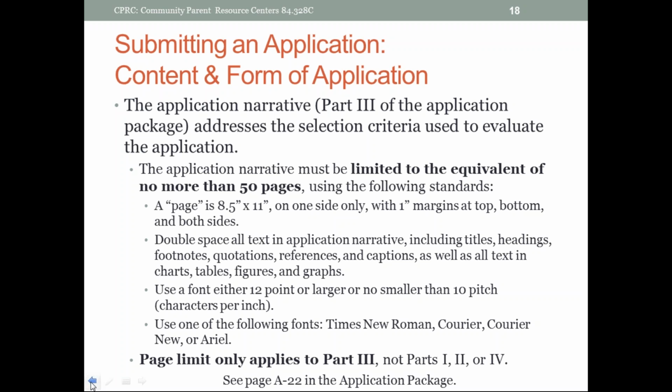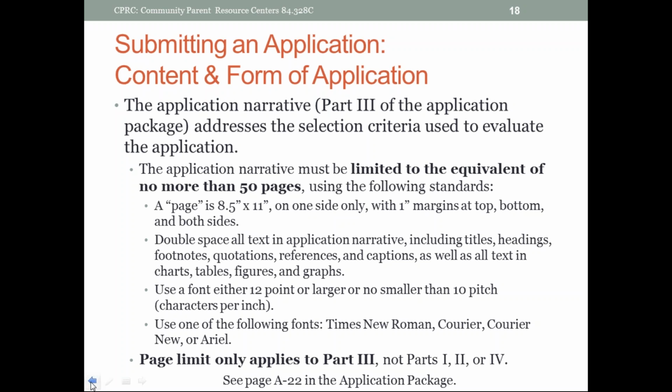Having said that, please be very, very aware of the fact that if you have so much, that can be frustrating for reviewers. If you want to point people to other parts in the application, if you want to point people to your logic model, if you want to point people to other aspects of your management plan, then make it clear in your narrative where they can find it.